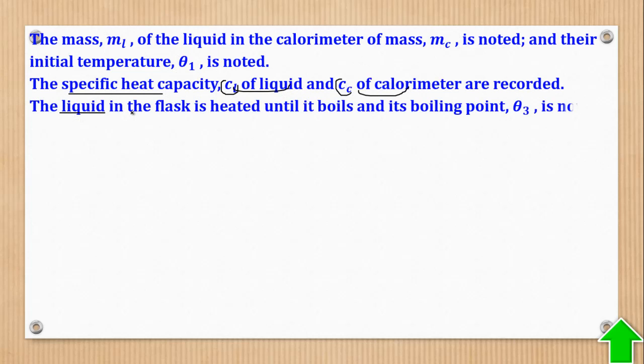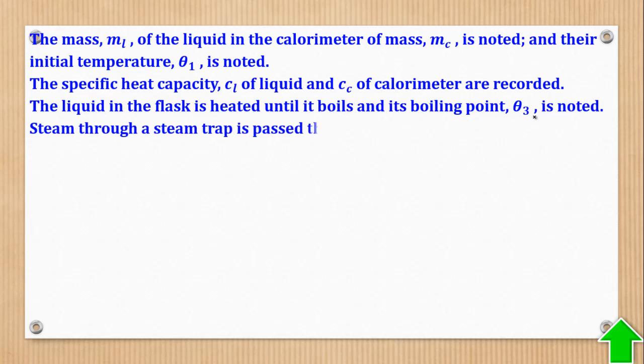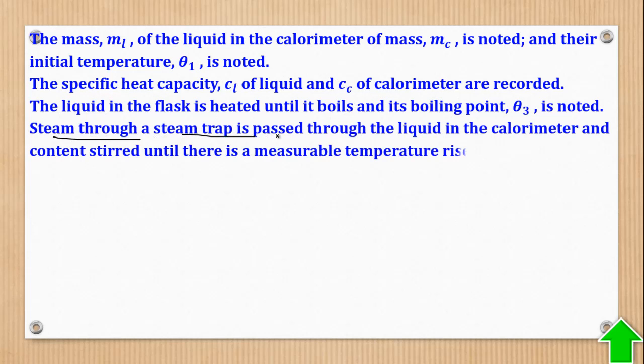The liquid in the flask is heated until it boils, and its boiling point θ3 is noted. Steam through a steam trap is passed through the liquid in the calorimeter and contents stirred until there is a measurable temperature rise.